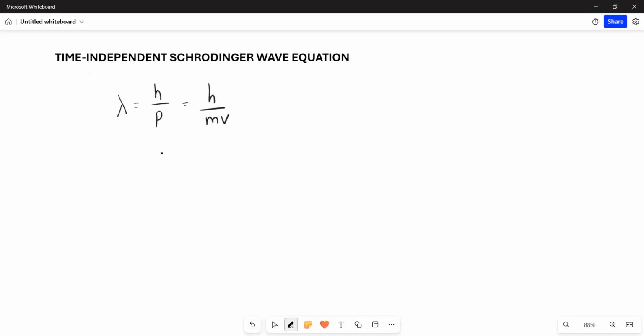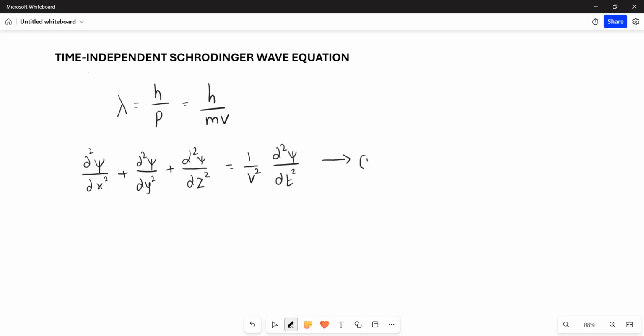What is the classical differential equation of the wave system? For the three-dimensional case, the differential equation we utilize in a classical way is: dou square psi by dou x square plus dou square psi by dou y square plus dou square psi by dou z square, equivalent to 1 by v square times dou square psi by dou t square.